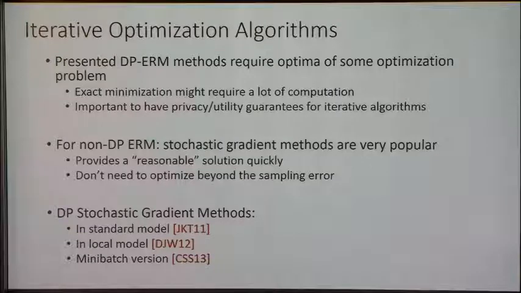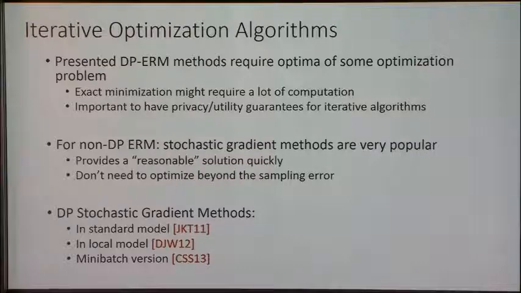So in the standard model, where you are outputting just one W hat and all the data is with one server or one learner, in this work with Prateek and Pravesh, we showed that stochastic optimization methods have differential privacy and reasonable utility guarantees.